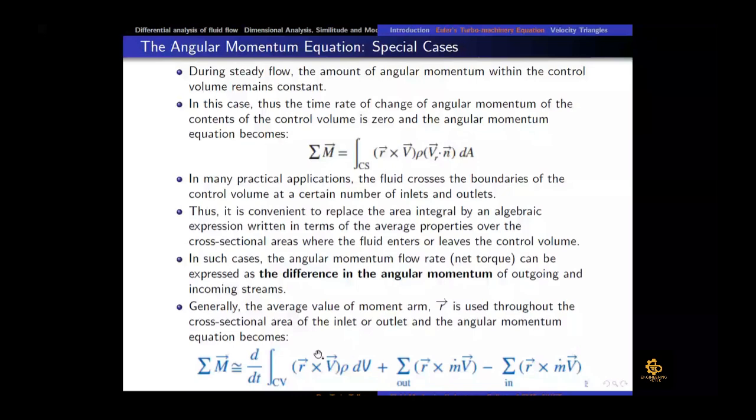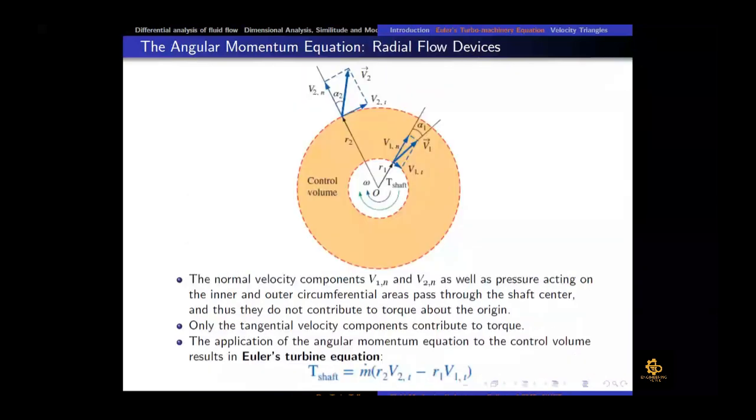So these are the two terms which are going to remain on the right hand side, this second term and third term. That is equal to m dot into R2 V2t, the angular momentum which is going out, minus m dot into R1 V1t, the angular momentum which is coming in.